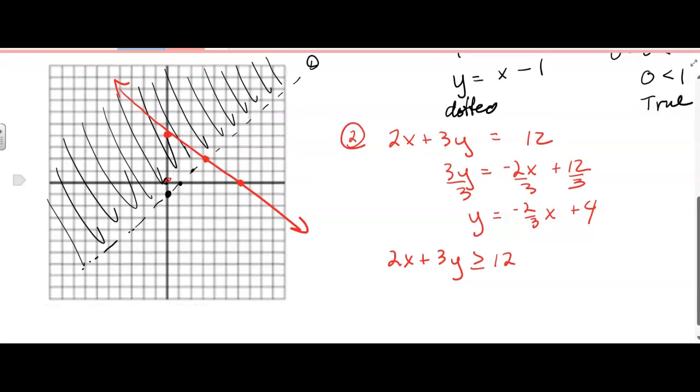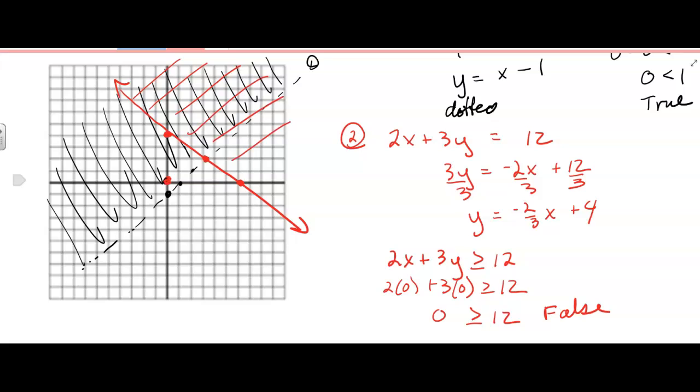Now I can use 0, 0, so I'm going to. 2 times 0 plus 3 times 0. Is that greater than or equal to 12? Well, I get 0 is greater than or equal to 12. True or false? False. 0 is not greater than 12. Okay, so that point doesn't work. So it's the other side of the red line. It's this up here.